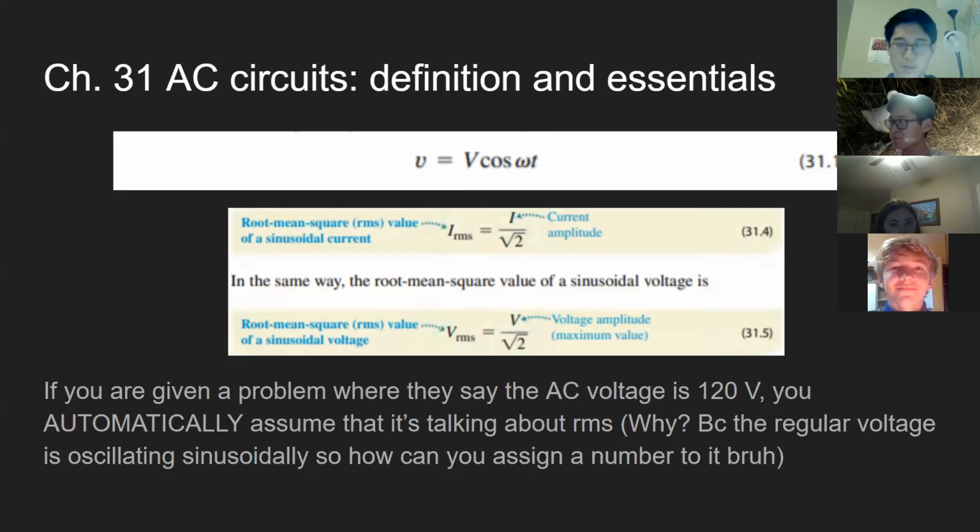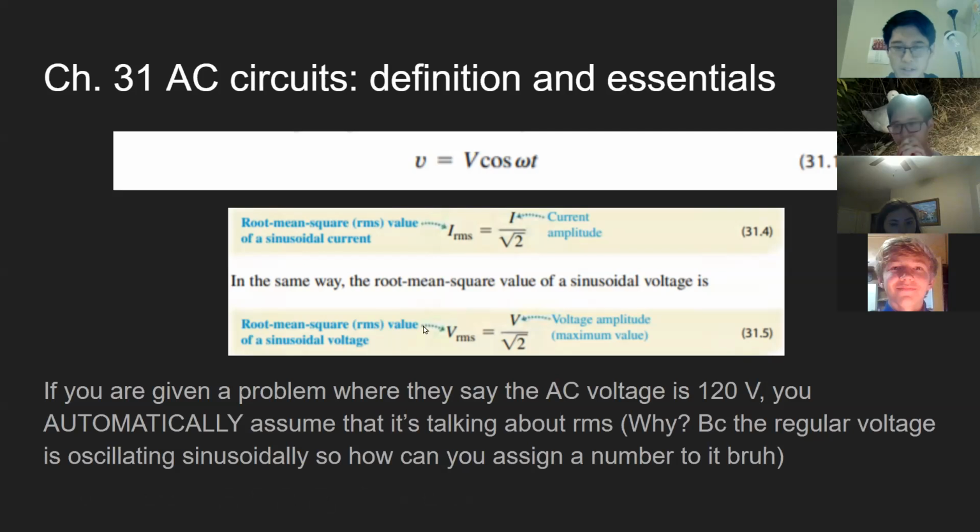All it means is that the voltage is oscillating. Now, there are two very important things that you have to know with AC circuits: the root mean square values of the current and voltage. So just memorize these two equations. They're on your formula sheets.